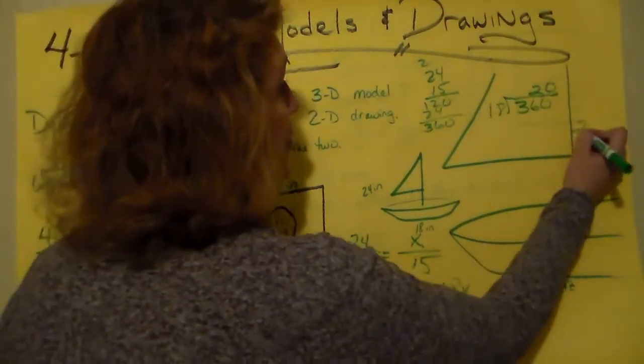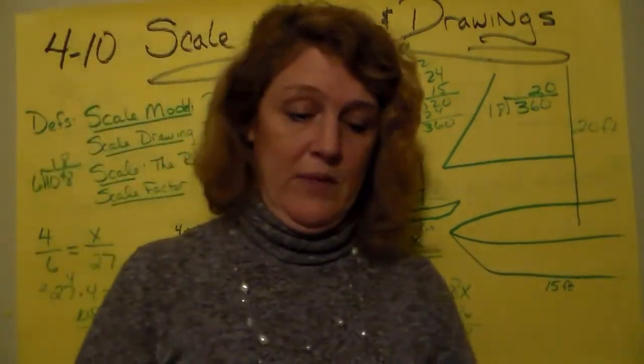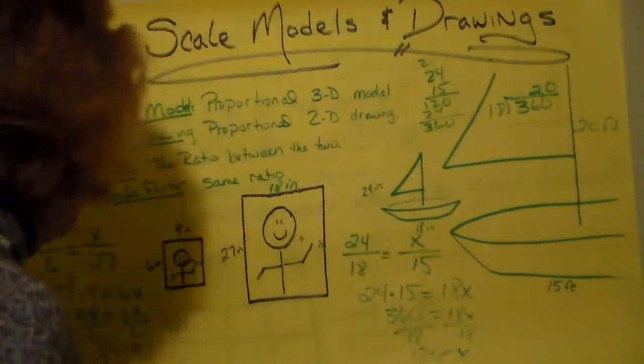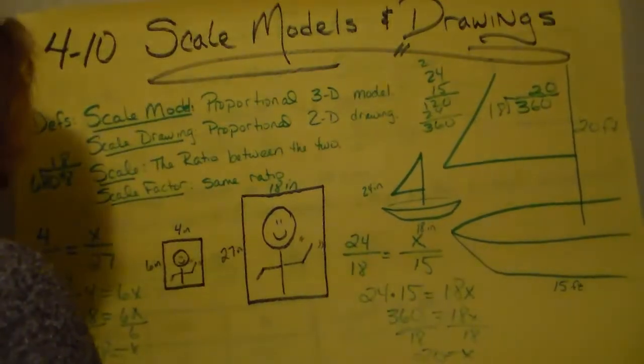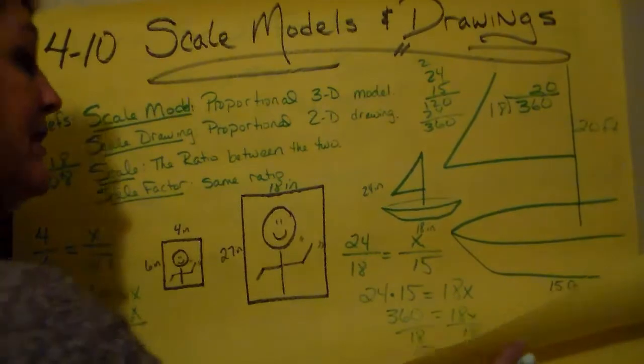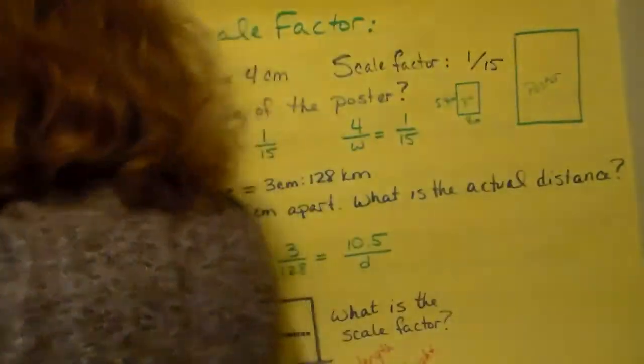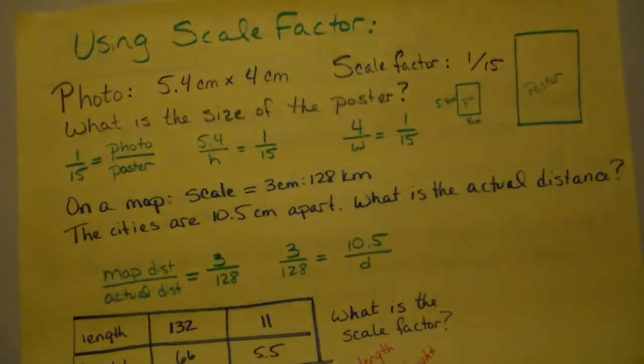So I know that it is going to be 20 feet tall. Setting up your proportions makes it really easy to do this. So this is using similar figures, what we just finished, but even more in the real world now, because we can do it with real things as well.